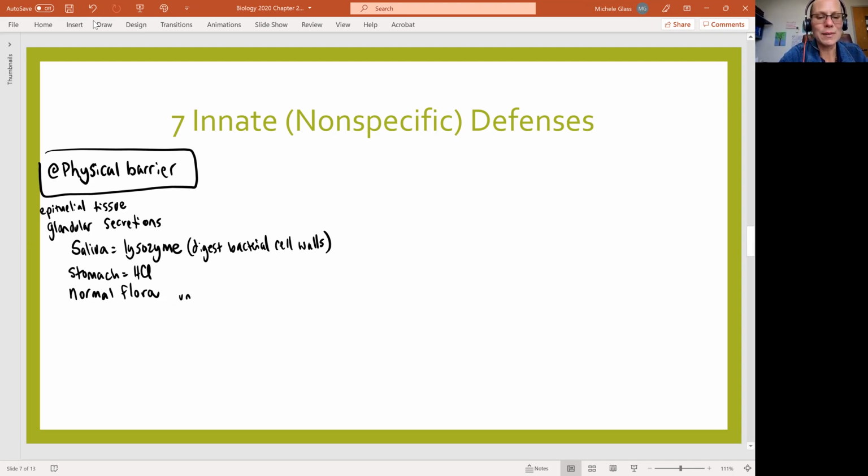We don't necessarily have plants growing on or in our bodies, but we do have bacteria and we do have some fungi, and they're going to pretty much stake out a claim on the territory. They're going to make sure that they get the place to live. And so they're going to be important also in helping to prevent those other sorts of organisms from taking up residence. So we see lots and lots of examples of physical barriers in the body.